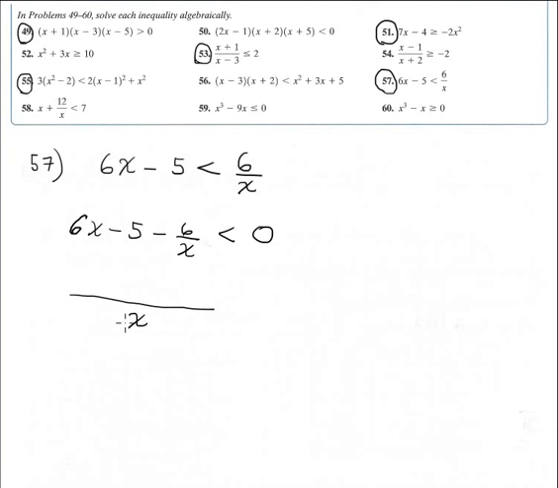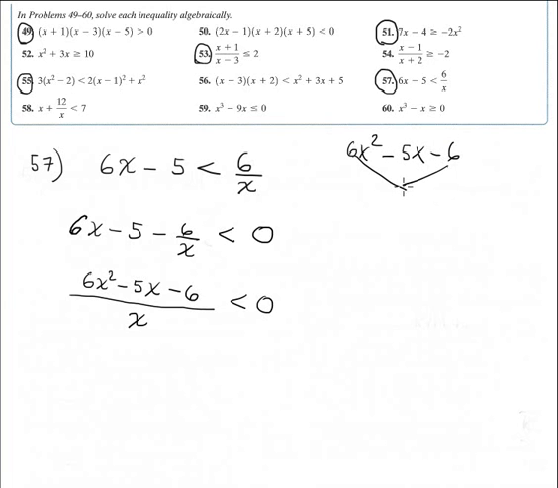The least common denominator is x. 6x squared minus 5x minus 6 less than 0. Okay, so let's do the factorization of this trinomial. 6x squared minus 5x minus 6.